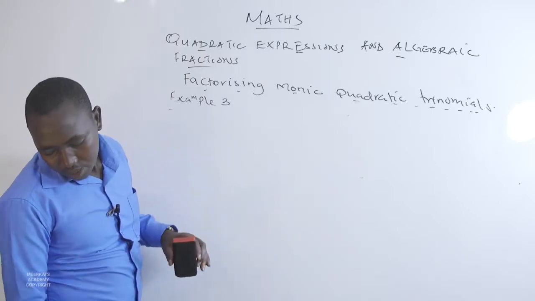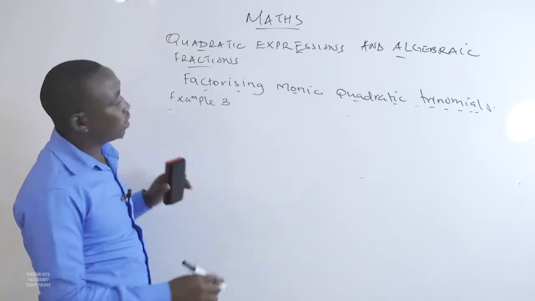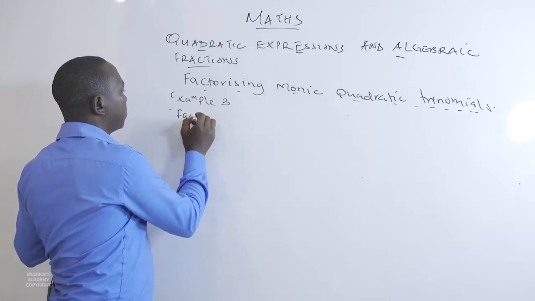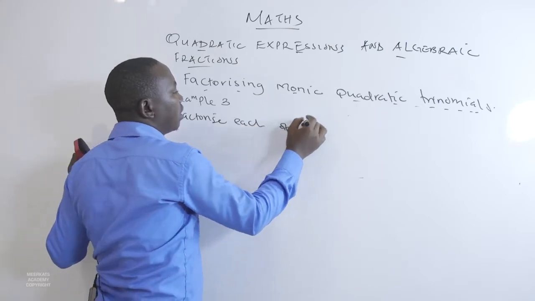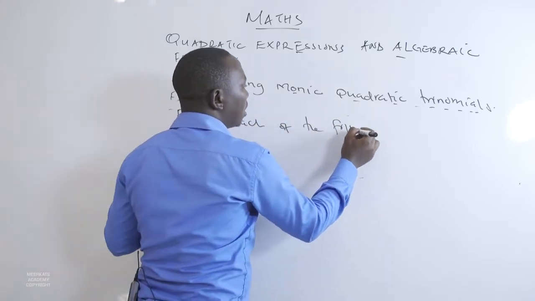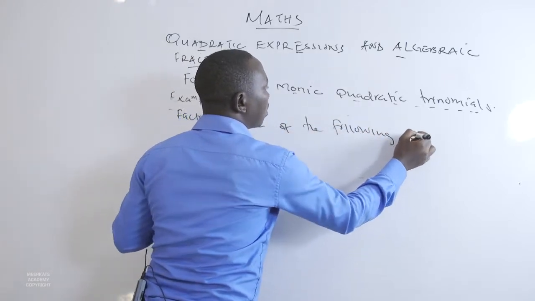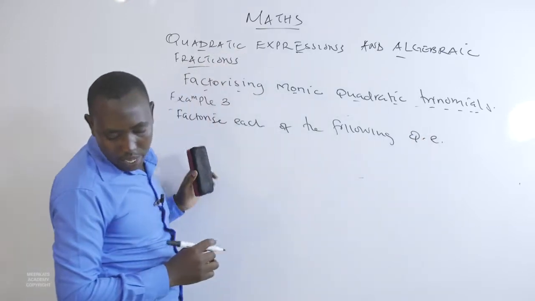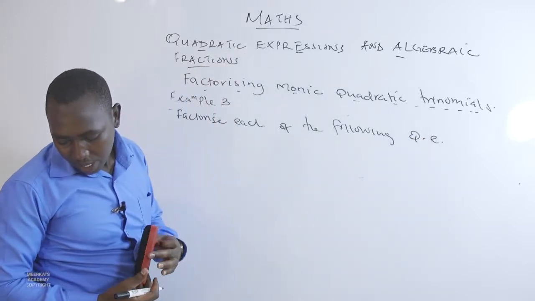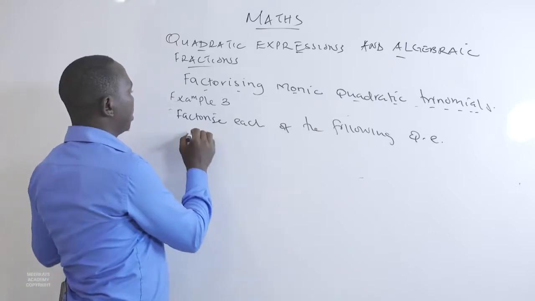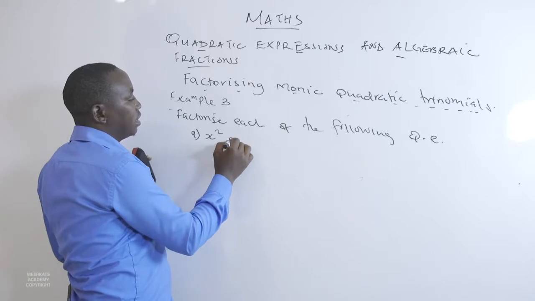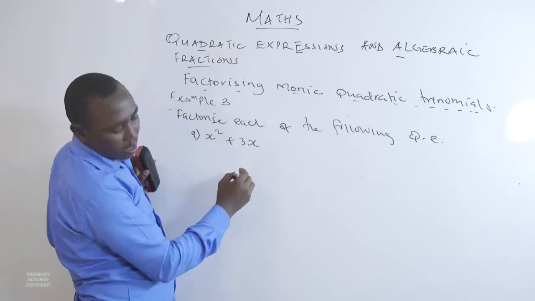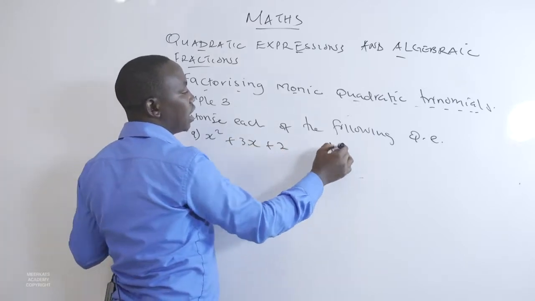we are told to factorize each of the following quadratic expressions. Number 1, we have x squared plus 3x plus 2.